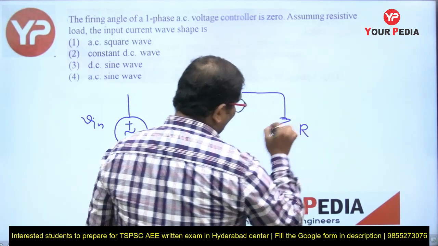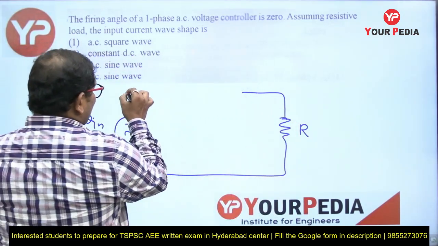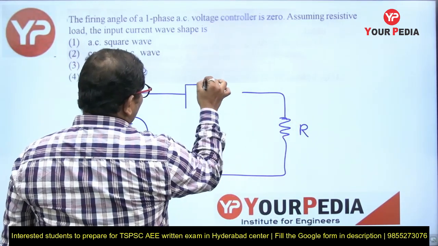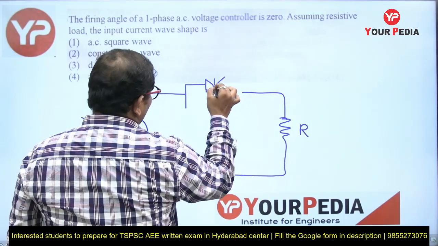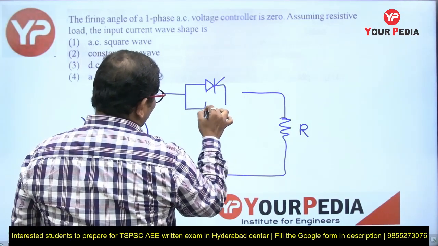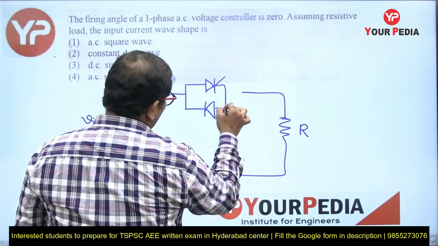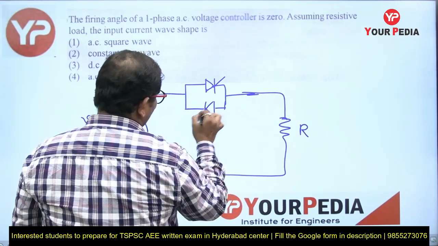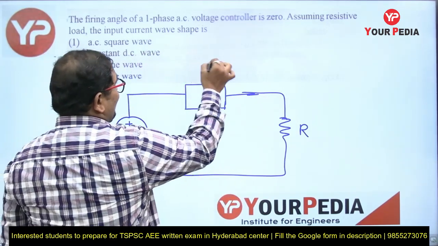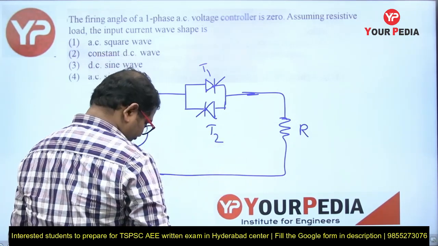A resistive load. In between, the device we usually use is a triac. We'll use a back-to-back connection of SCRs in an AC voltage controller. So let us take this T1, this is T2.